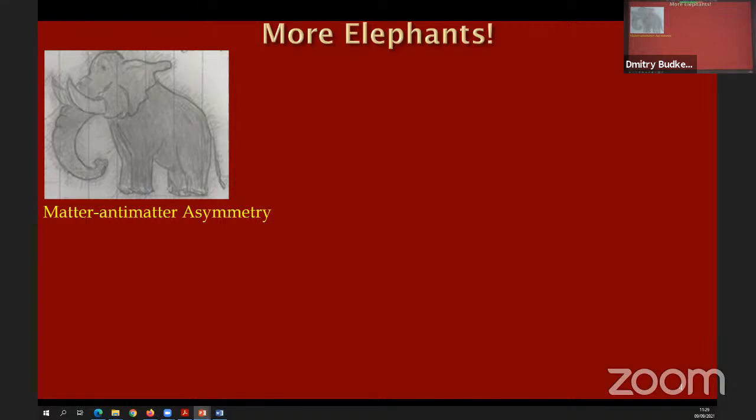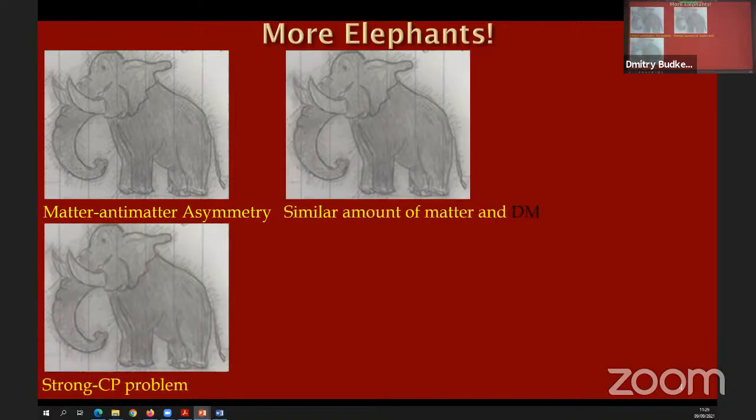It's good that there is this asymmetry, because if we had the same amount of matter and antimatter, we would all be light, like a school of photons or something like this, no chairs, no tables. So we don't really understand that. Then there are some other things.